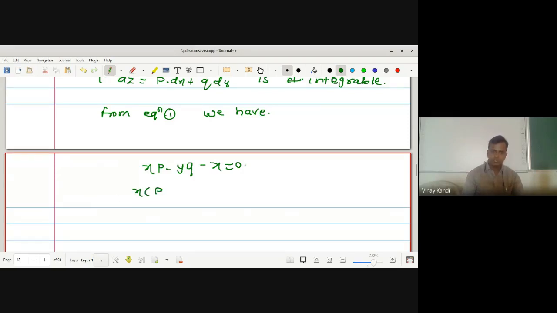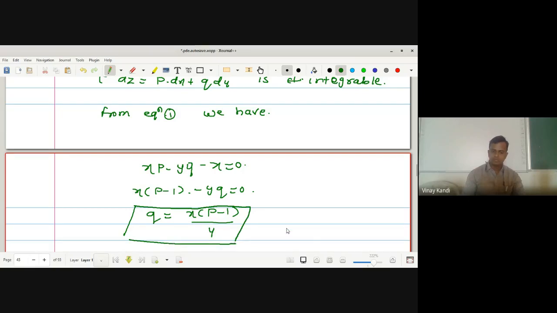This is x into p minus 1 minus y into q is equal to 0. So what is the value of q? x into p minus 1 divided by y. Okay, this is the value of q.